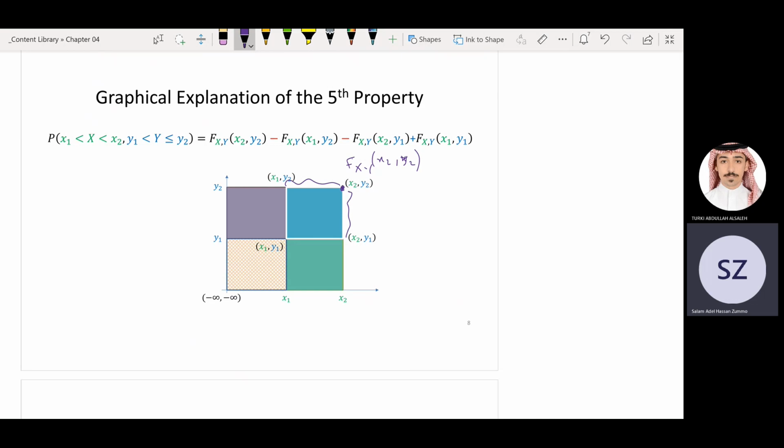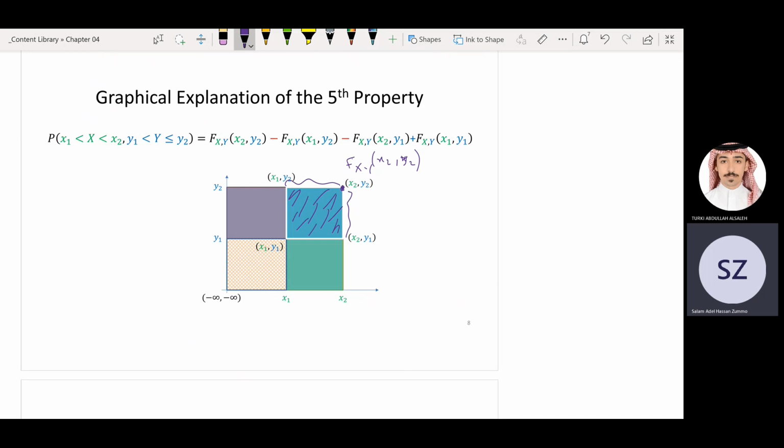So I'm interested in finding the probability of this region, right? This is what I want: the probability that X lies between x1 and x2, and at the same time Y lies between y1 and y2. This is the region of interest to me in the two-dimensional plane.